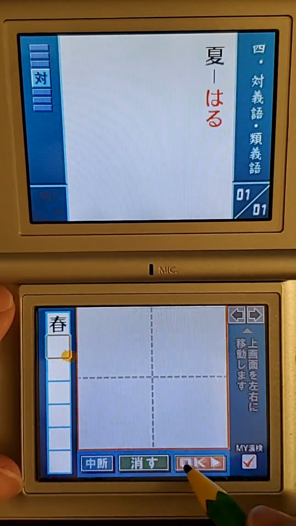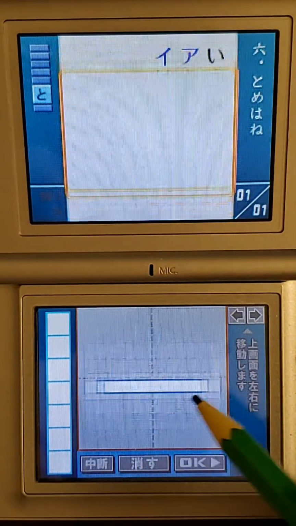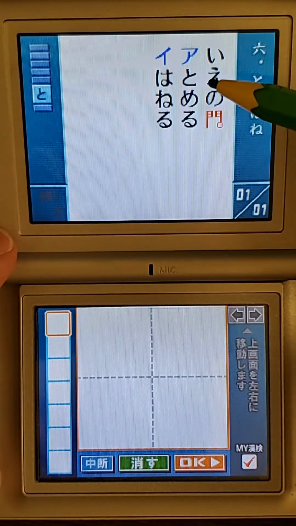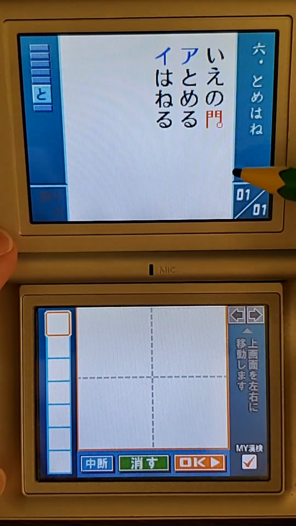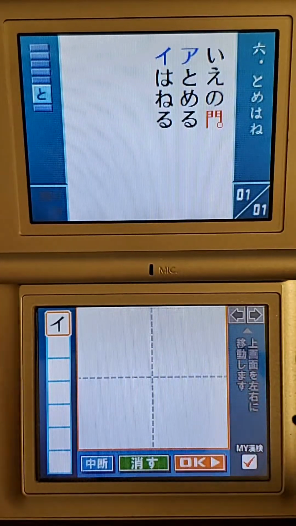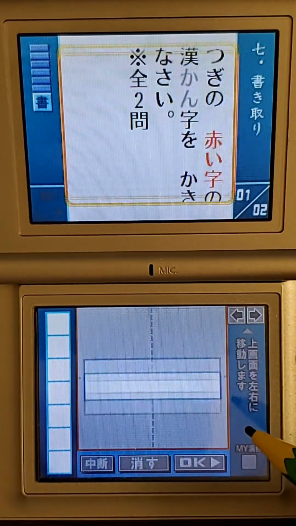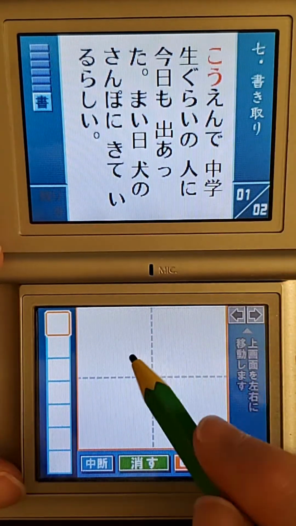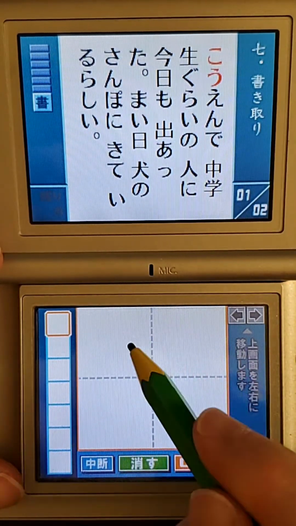I'll leave them in my Kanken though, because I mess up on them all. This is Haneru, yep, because that went up. Once I get them down good, then I'll take them out of my Kanken. Chou. Koen. Oh, that's terrible.